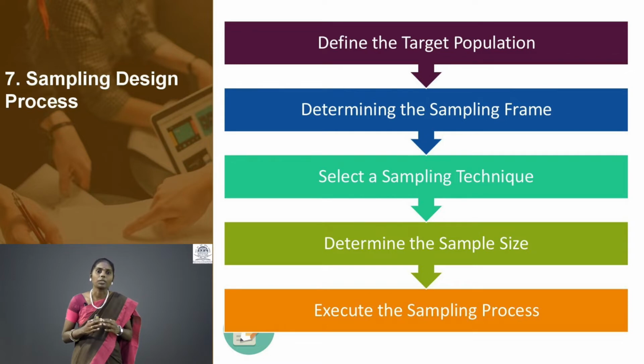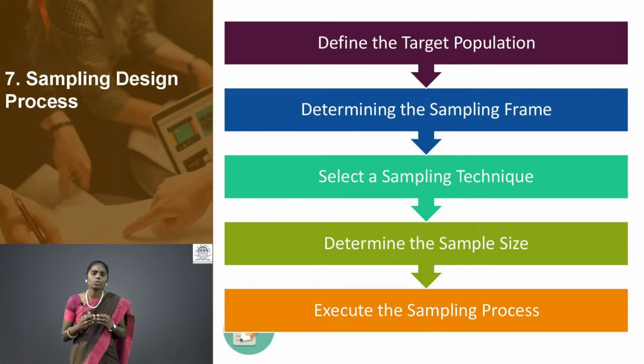Among them we have to determine the sampling frame, that is, who will be buying this newly introduced product. People's Bank has introduced a criterion that they will provide this financial assistance to farmers who have 1 acre of cultivable land. So the sampling frame is the farmers who are using this product and who have 1 acre of cultivable land, and then we have to select a sampling technique.